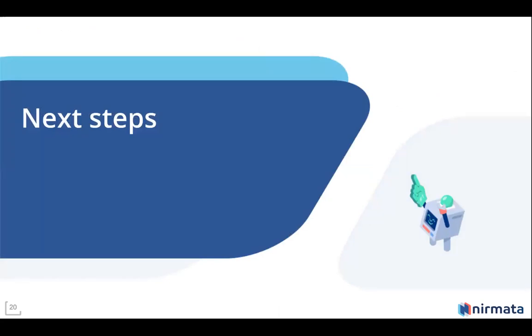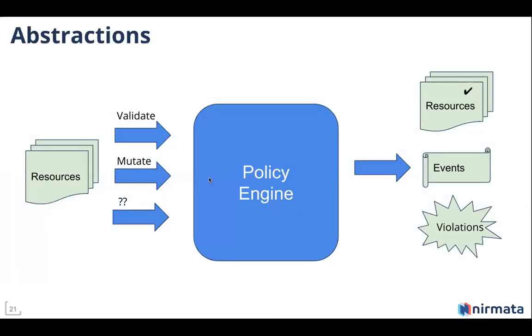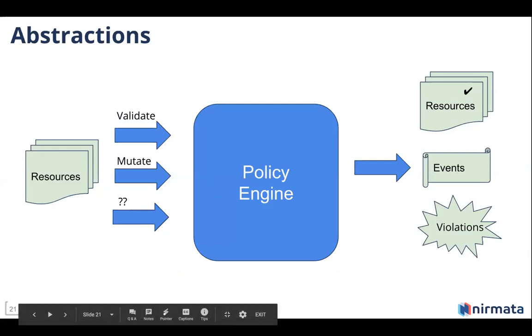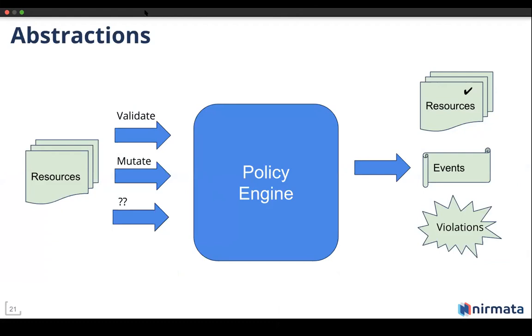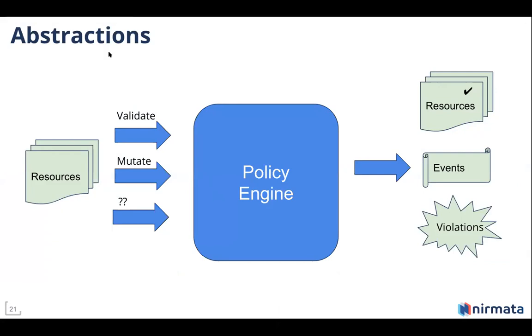Now, Jim, you want to go over the next steps? Yeah, so really just to summarize, if you go to the next slide, Shiv. What Shuting and Shiv covered is, basically we want to keep the policy engine very abstracted and usable in different ways.